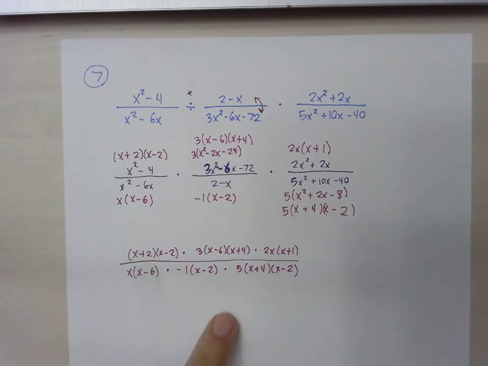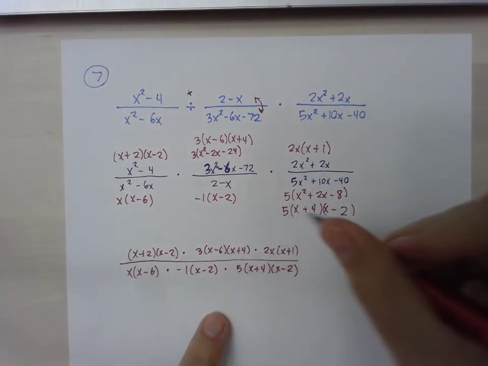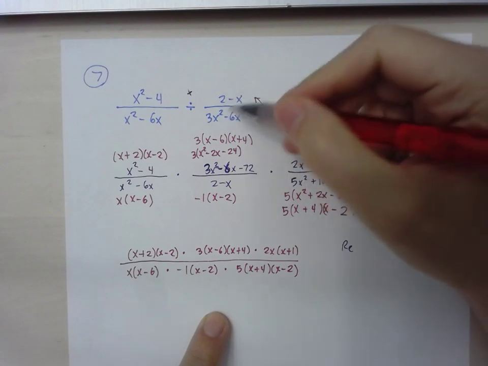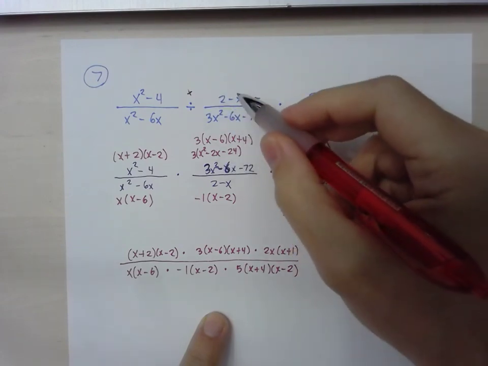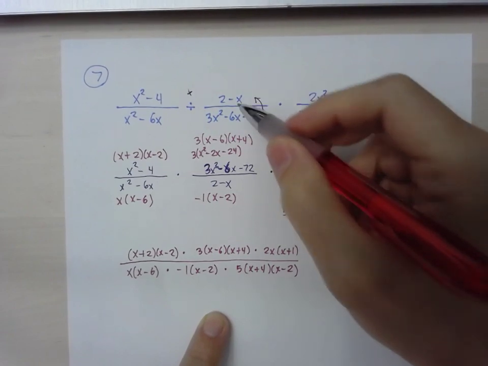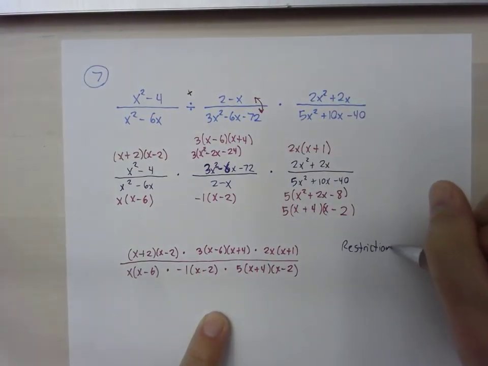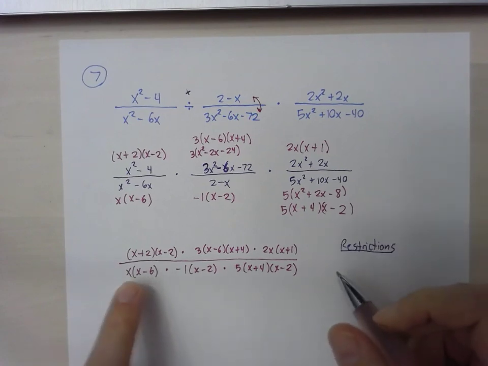The reason I did that was because when we're doing restrictions, since this fraction came after the division, we want to make sure that what was on the top and bottom that makes that 0 is considered a restriction. So let's get those first before I cross them out and forget about them.